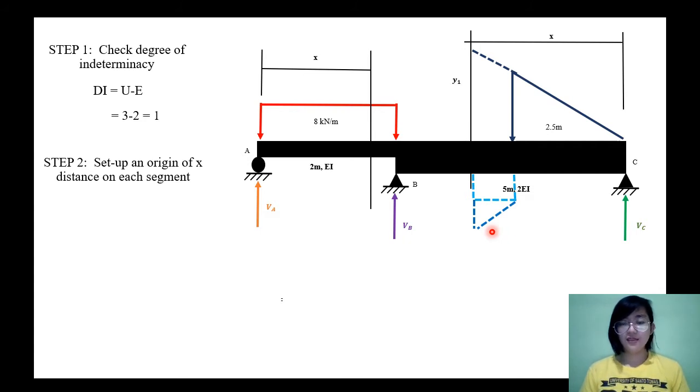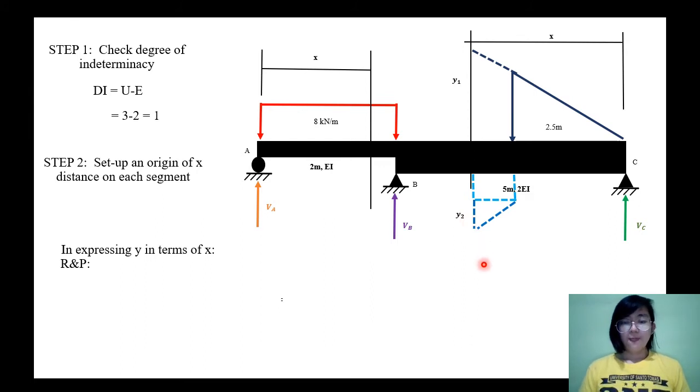Let's call this line y1, for the height of the triangle, and let's call this y2. Since we know that this rectangle we added is 15 kN, the only thing we don't know is y2. So, let's identify y2.